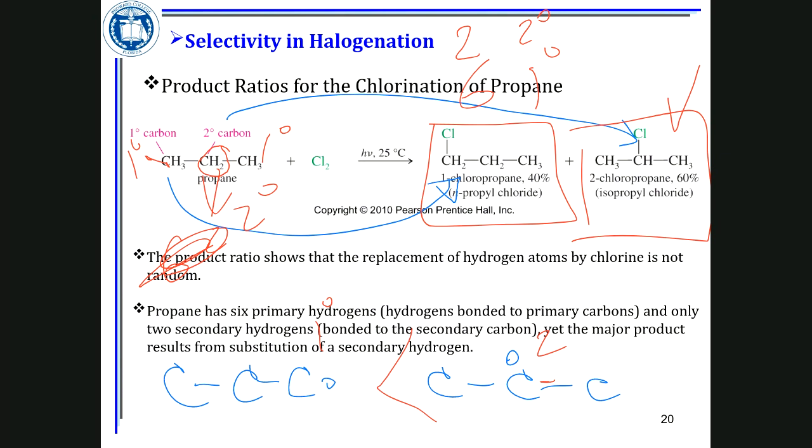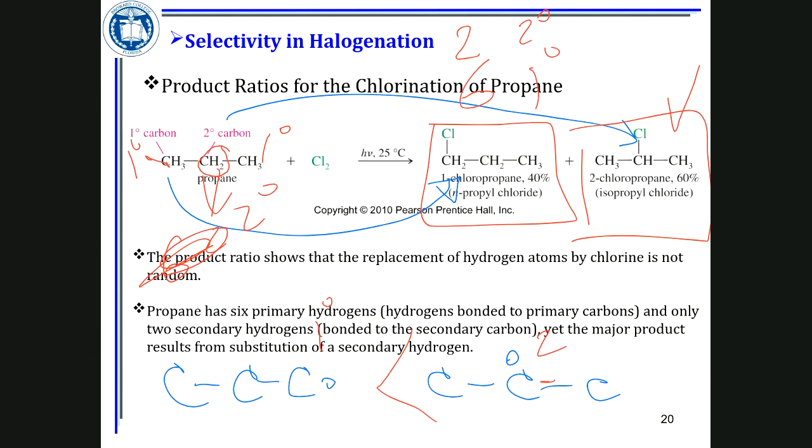Is the CH2 for propane? We have CH2. So we have 1 secondary carbon, but 2 secondary hydrogens. When you say 1 secondary, I hope you mean 1 secondary carbon, but since it is CH2, it gives you 2 secondary hydrogens.